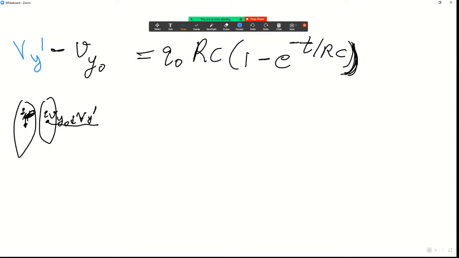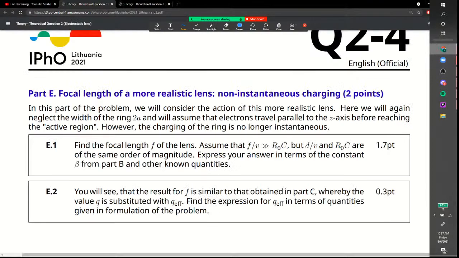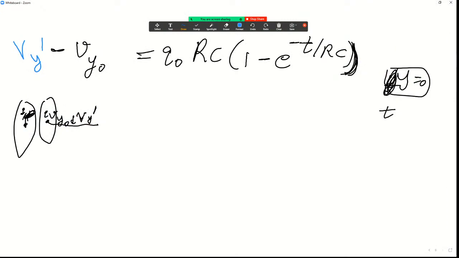So we have to find where this y coordinate intersects the x-axis. So we have to find the time at which y is 0. And at that time, we can directly multiply by x-axis velocity to find focal length.